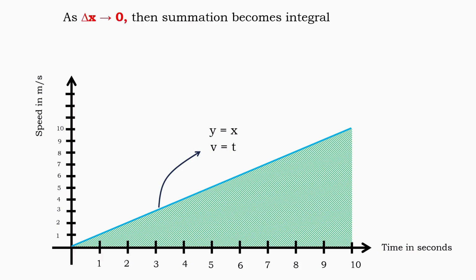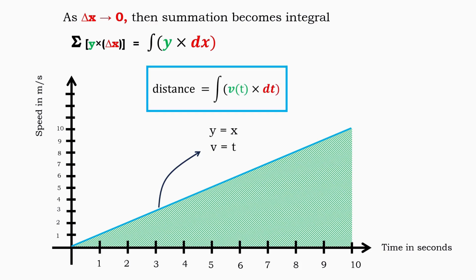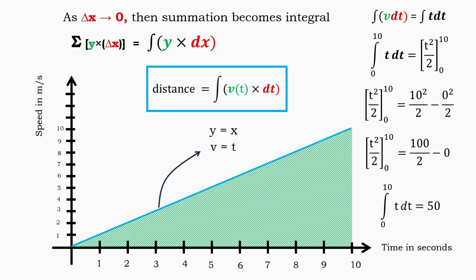And in the limit, when the time interval becomes extremely small, almost infinitesimal, the sum of these rectangle areas becomes exact. This is the idea of integration, and we can write it like this. Here, v of t represents velocity as a function of time. This concept will be very important when we derive the equations of motion.